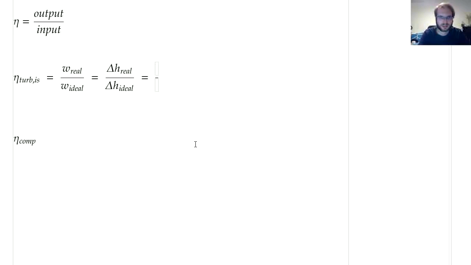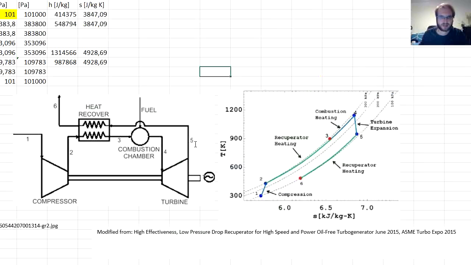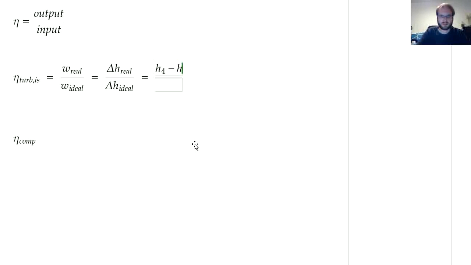So delta H real is H4 minus H5, divided by H4, the inlet stays the same, to the turbine, minus H5 isentropic.